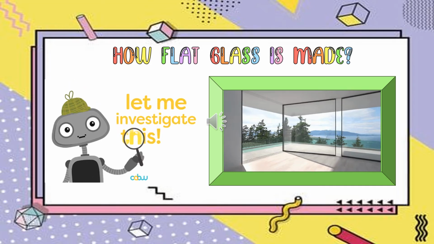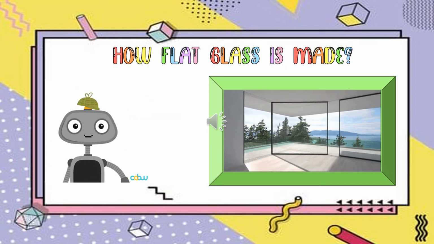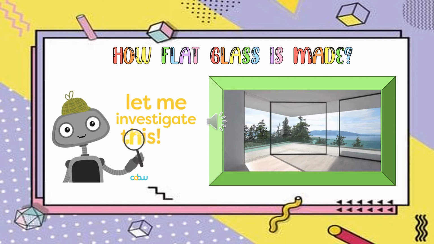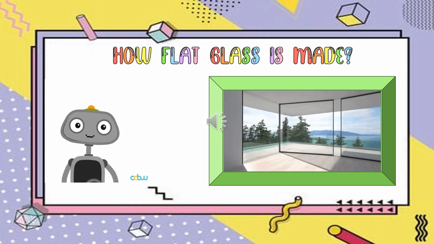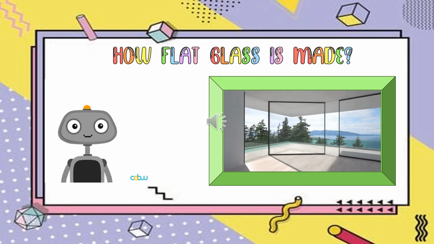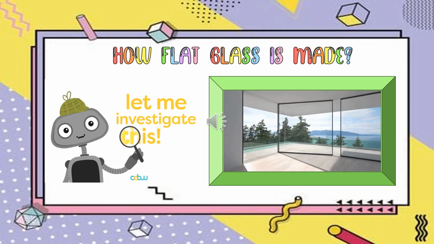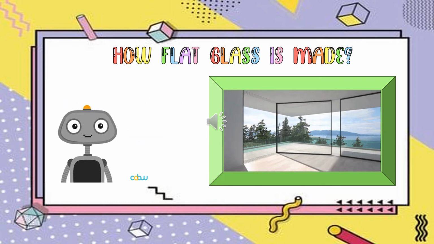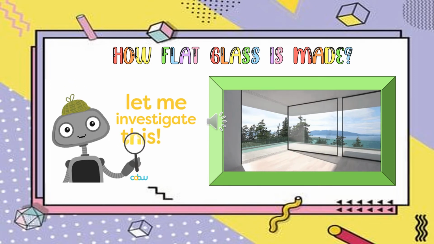600 degrees Celsius. Immediately after the exit from the float chamber, a special roller takes up the glass and feeds it into the annealing lehr, from which it exits at about 200 degrees Celsius.